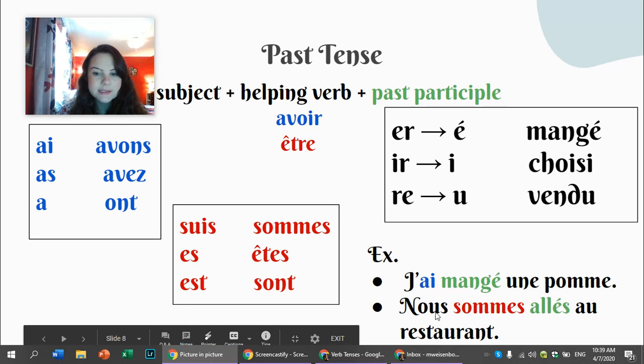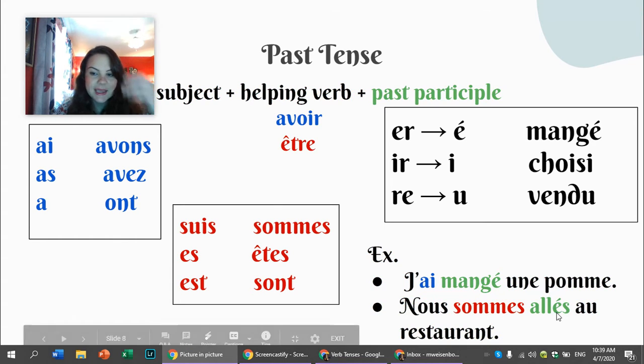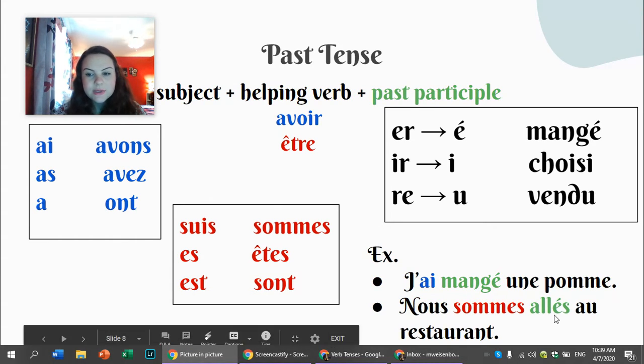Nous is the subject, sommes is the helping verb conjugated with nous of être, and then allé is the past participle of aller, and you can see that it has an S here at the end, and we'll get into that in a couple slides.